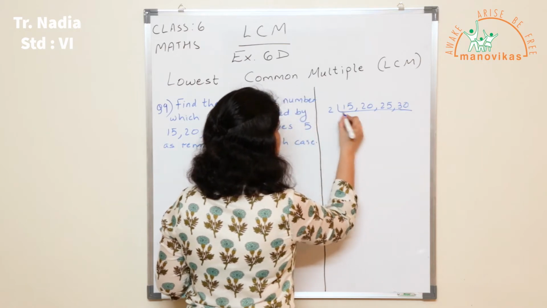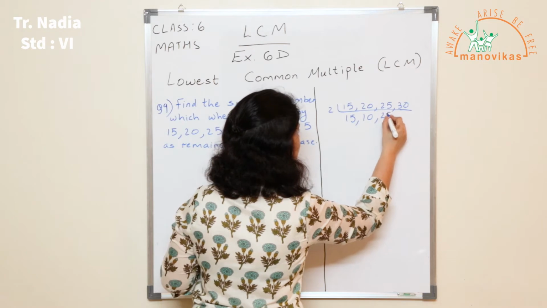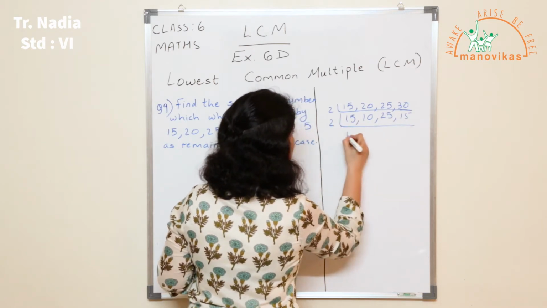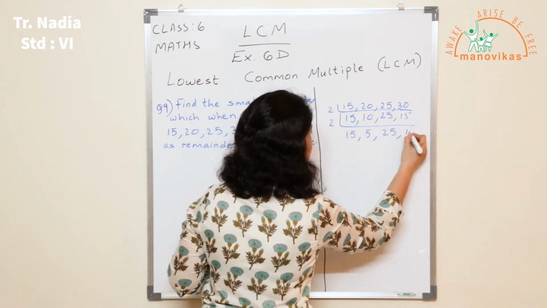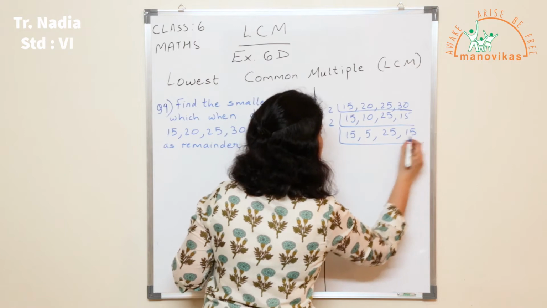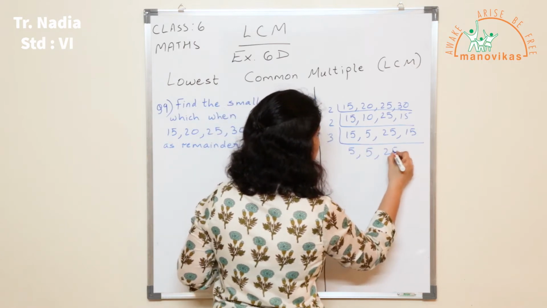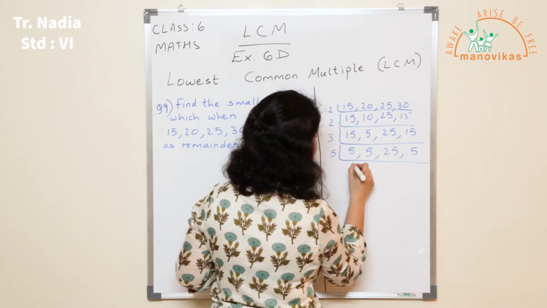I'll make use of 2 first and get rid of 20 and 30. Once more I can make use of 2 because we have a 10 here. Then I'll use 3. And finally I'll make use of 5.